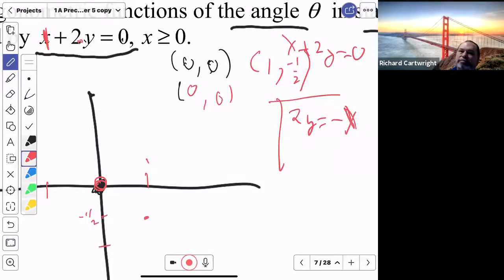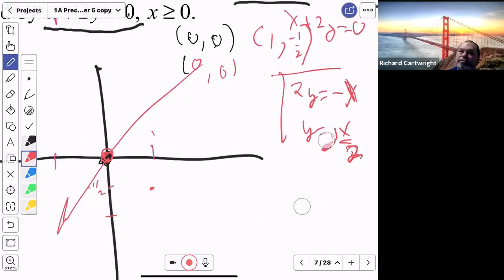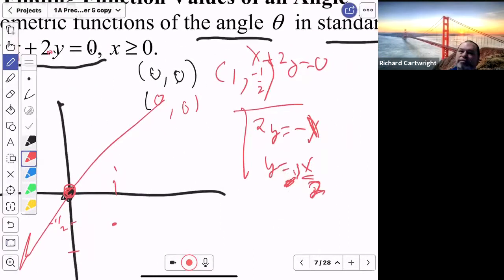And then you divide by 2, y equals a negative x over 2. So you could just graph that line that has a slope of a negative 1/2. That's what that is, a negative 1/2 slope. I'm just making that line right here. That's all it is. Okay. But I chose to plug in a 1 to see what happened.